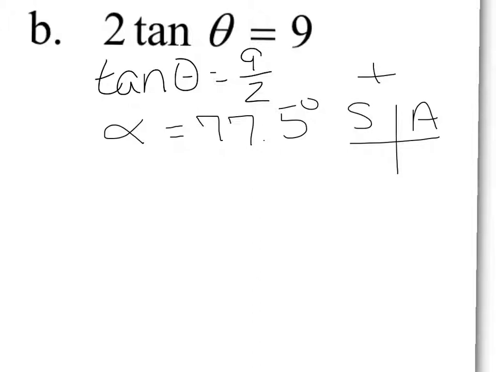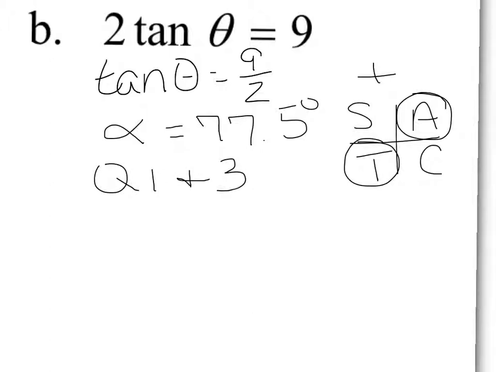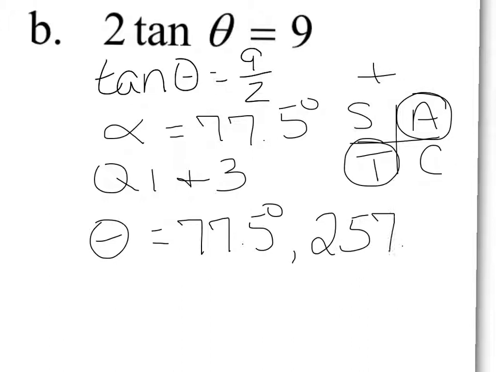We go back to our All Students Take Calc, and it's positive in the first and the third. So that's going to be quadrants 1 and 3. Therefore, your theta will be 77.5 degrees, and 180 plus 77.5 to get 257.5 degrees. And then you're all set with that question.